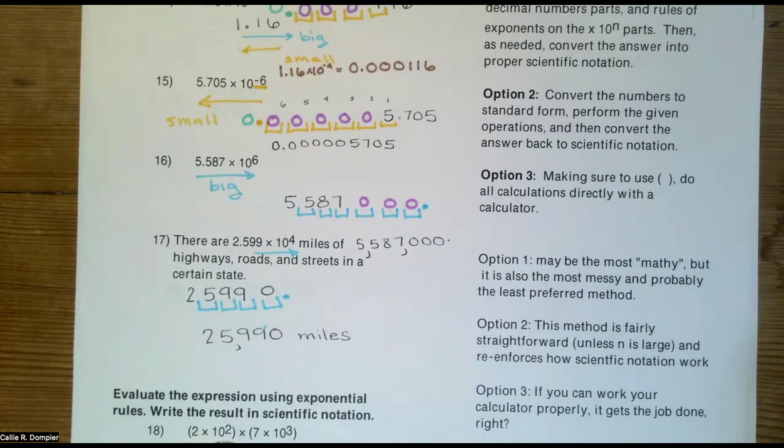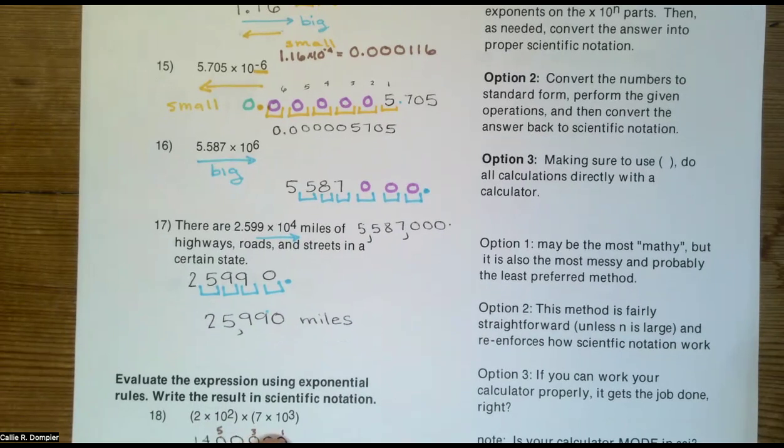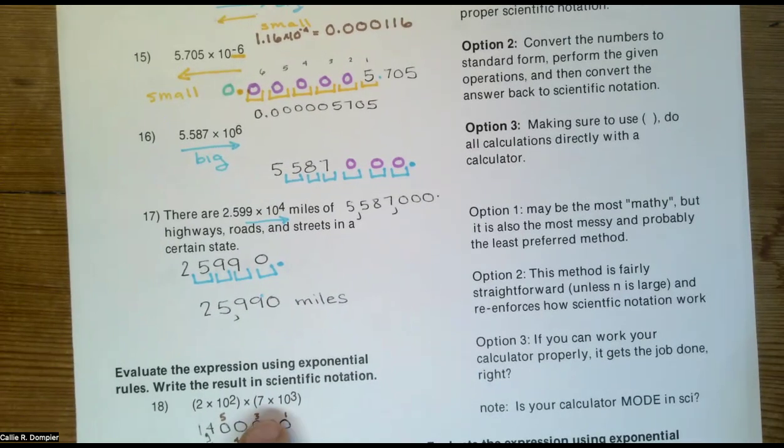Option 2, you can convert that number to standard form, right? 2 times 10 squared is just going to be 200. And then 7 times 10 cubed is going to be 7,000. 7,000 times 200 is 1,400,000, right?